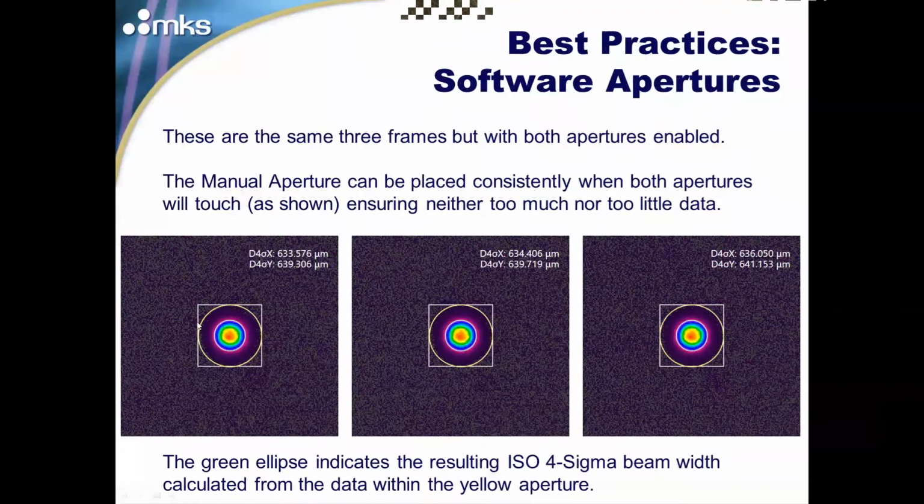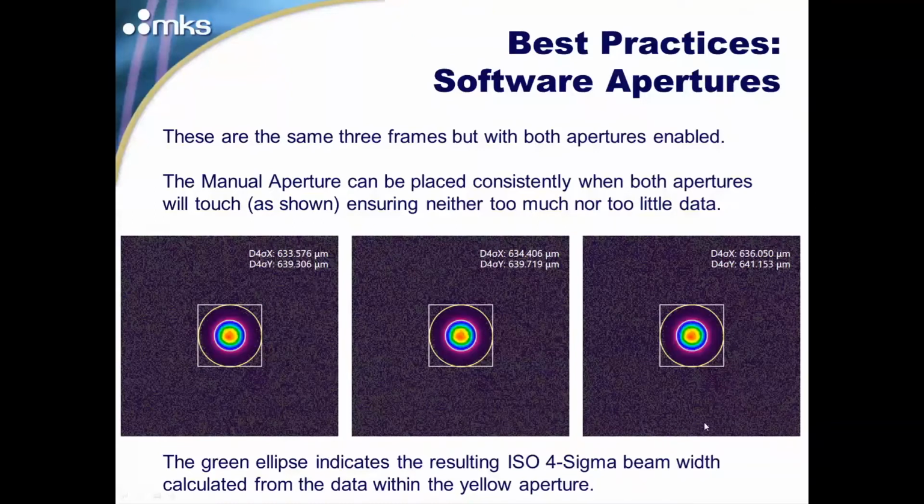So we can use a manual aperture, this white rectangular aperture here, to just cut out all of that. And then only the data that's inside the manual aperture is then used to size and place the auto aperture, yielding a more consistent measurement frame to frame.